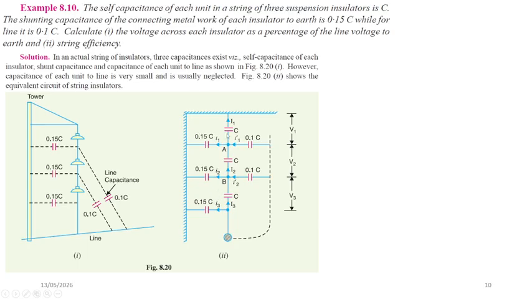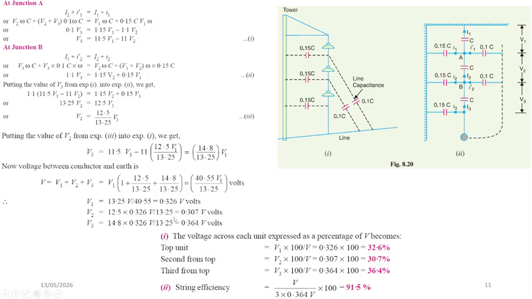The total voltage is equal to 1, right? Yes, we can put the total voltage, we divided by V, so V1 is equal to 1, and we can replace the value here, and we can find the V1, V2, and V3.